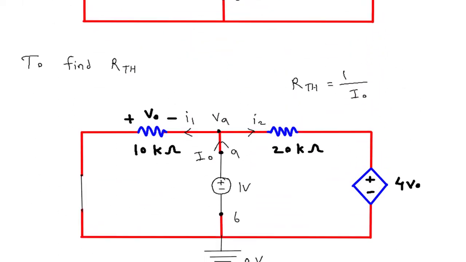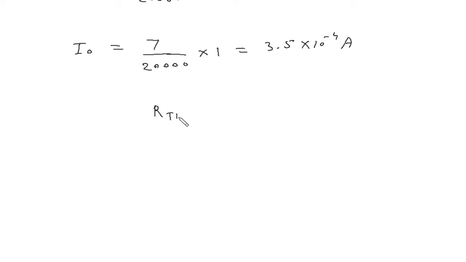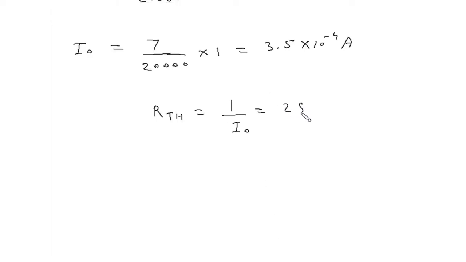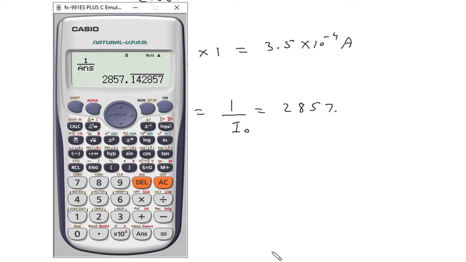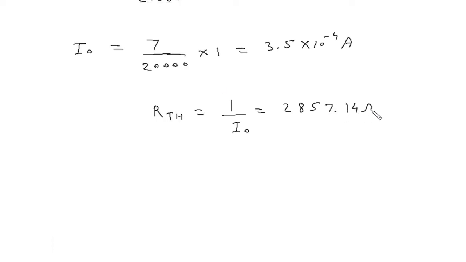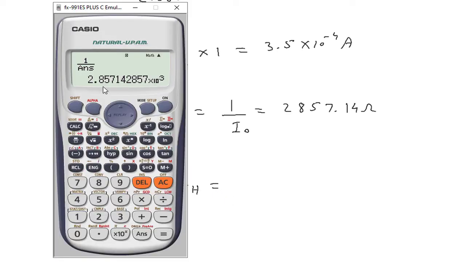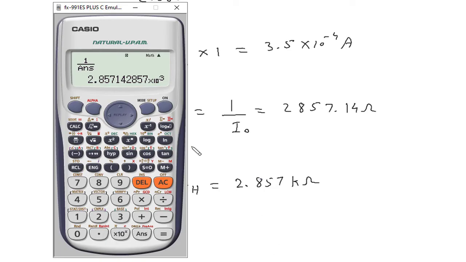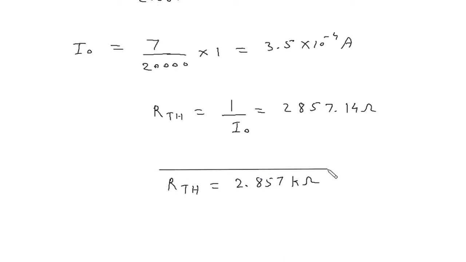RTH is equal to 1 by IO. So this will be 1 by 3.5 into 10 raised to minus 4, which is 2857.14 ohm, or RTH is equal to 2.857 kilo ohm. This is the value of RTH.